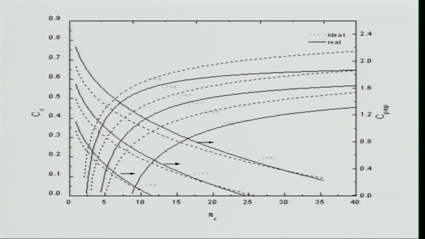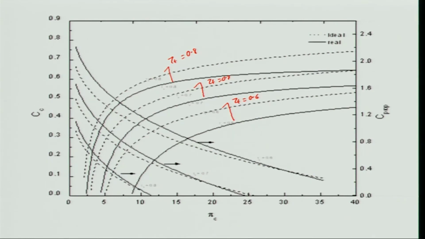And the real case, as I told, the solid line, has a lower value as compared to the ideal one, which is the dashed line, for a particular condition. And in this one tau t is equal to 0.8, similarly this is tau t equal to 0.7, and this is tau t 0.6, right, which is expected because the losses will be more.